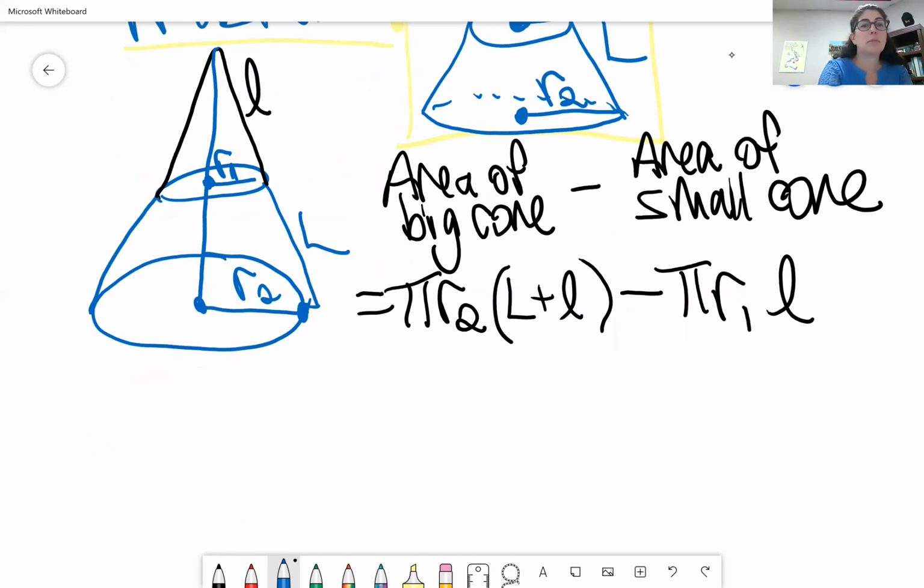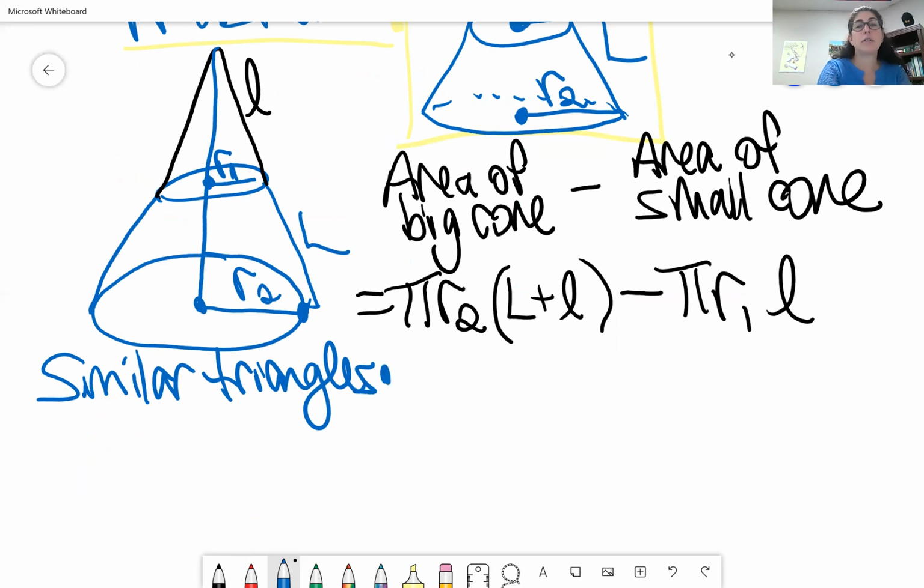And what the similar triangles give us is a proportion. They give us a relationship between the big L, the little l, and the R1 and the R2. So if I take the small triangle and the big triangle, I have R1 over R2 is equal to little l over little l plus big L.